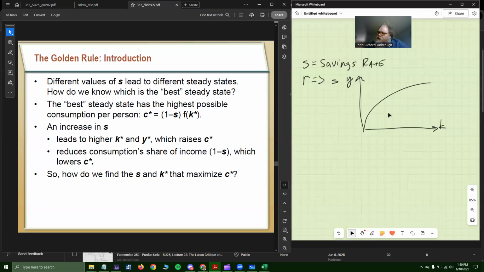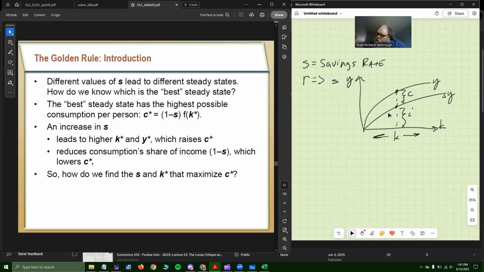But let's start from the idea that we have output, and we have investment, SY, and the difference between these at any particular capital stock is going to be consumption. So this is investment, savings times output, and therefore this is consumption. The idea is that we want to affect the savings rate to get to the steady state that maximizes consumption.